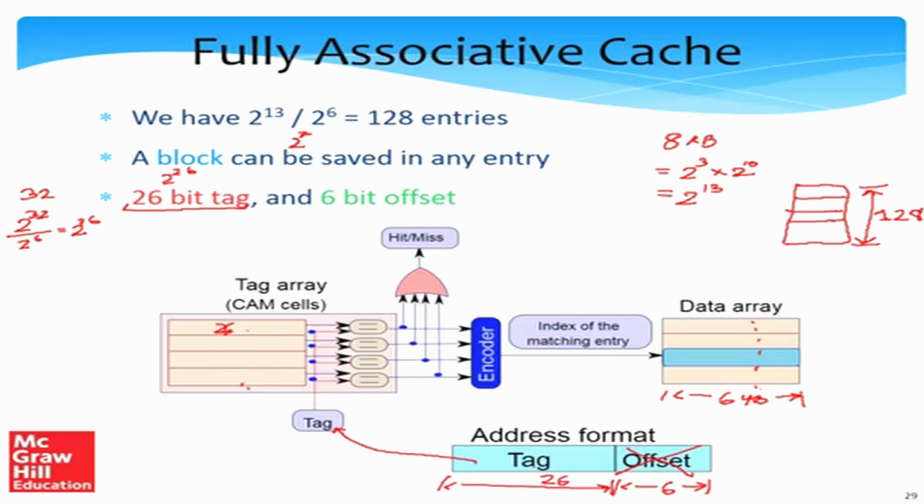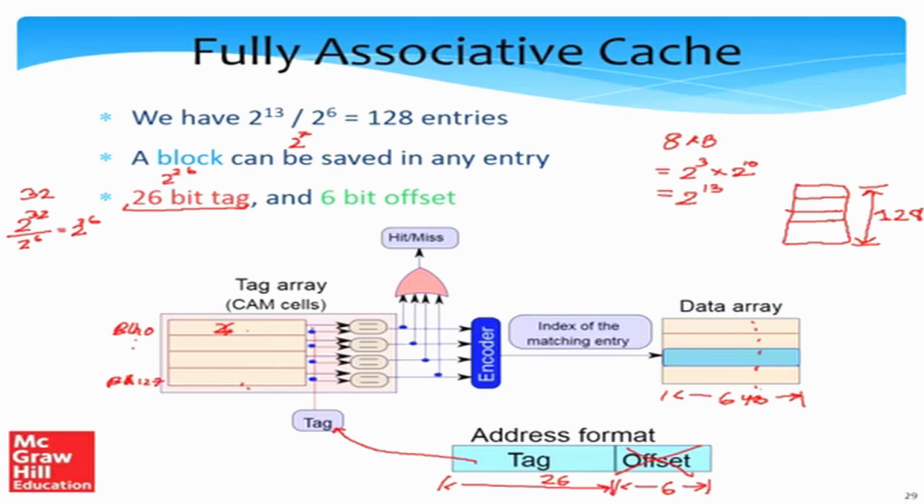Because this is the block address inside the address, we compare it with the 26 bits stored in the tag array. Mind you, these 26 bits are the addresses of different blocks: the block address of block 0, up to block 127. Now when we are given a new block address, we need to check with each one of them.